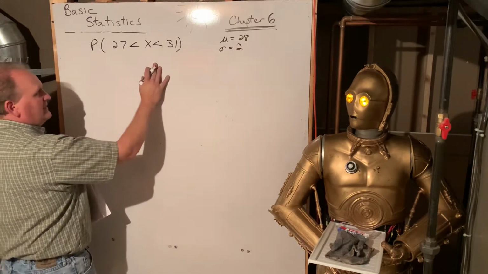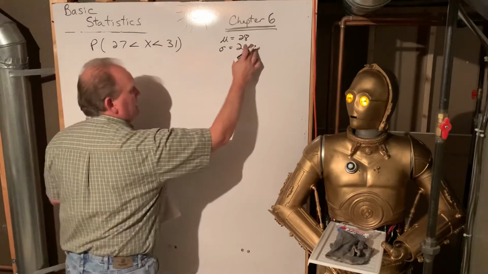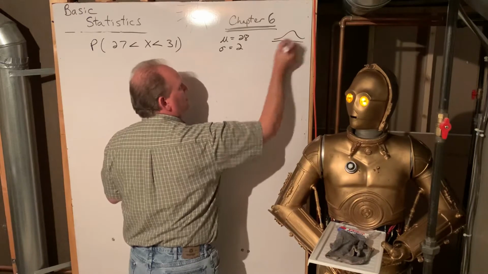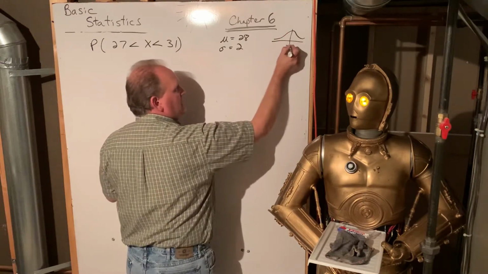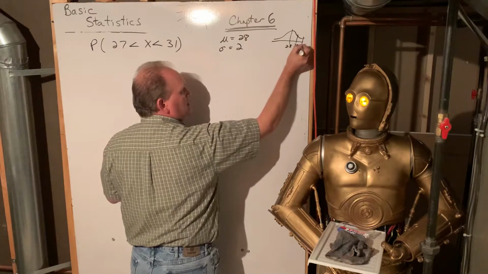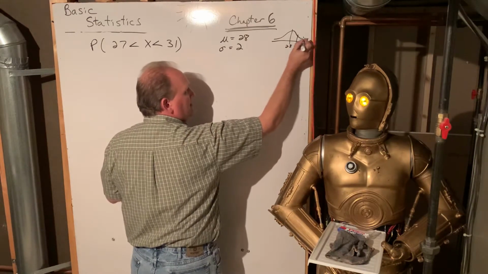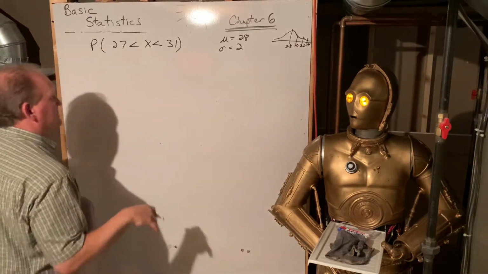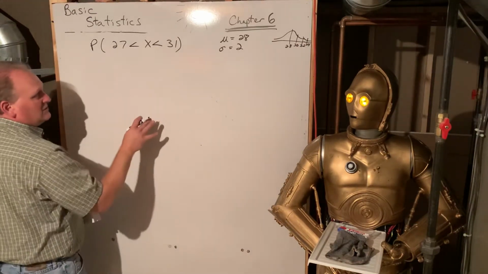We don't want to leave it like this. In the chapter 4-5 test, you actually did a graph where you kept the raw data, you put the 28 there, and then you counted up standard deviations and made it 30, 32, 34, like that. That's fine, but that's out the window now. Now we're standardizing it, so we want these in terms of z.